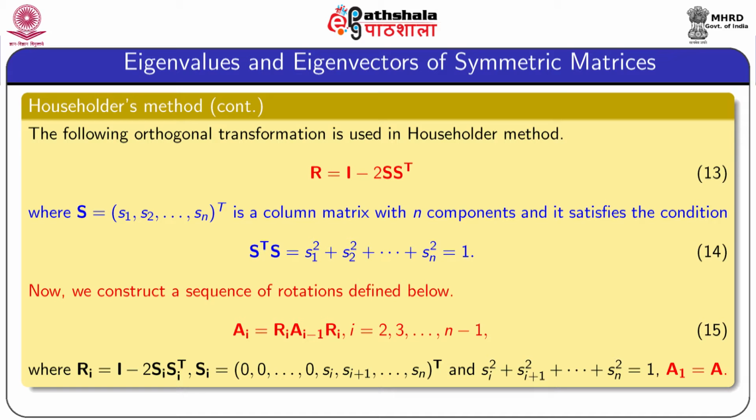The elements of this vector Si satisfy the condition s(i+1) square plus dot dot dot plus sn square equal to 1. That means the sum of the squares of the elements of Si equal to 1, and initially A1, the first transformation matrix, A1 equal to A, the given matrix A.